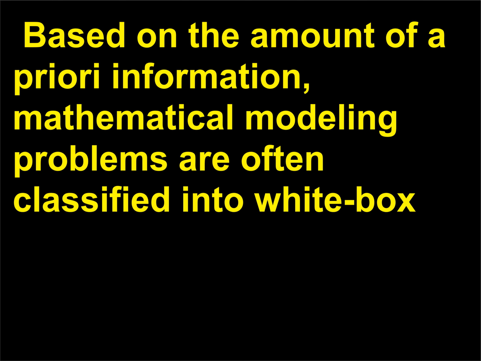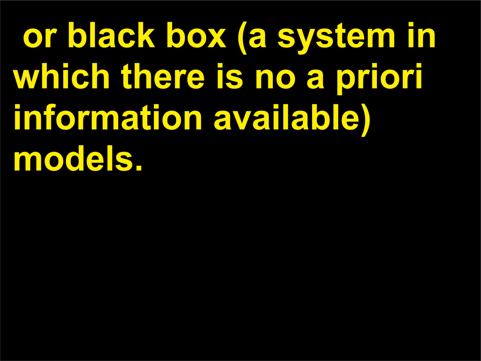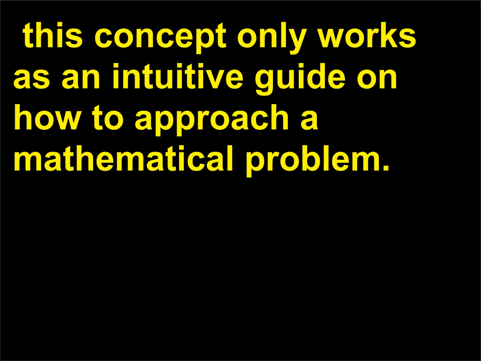Based on the amount of a priori information, mathematical modeling problems are often classified into white box, a system in which all necessary information is available, or black box, a system in which there is no a priori information available, models. Practically all systems are somewhere between the white box and black box models, thus this concept only works as an intuitive guide on how to approach a mathematical problem.